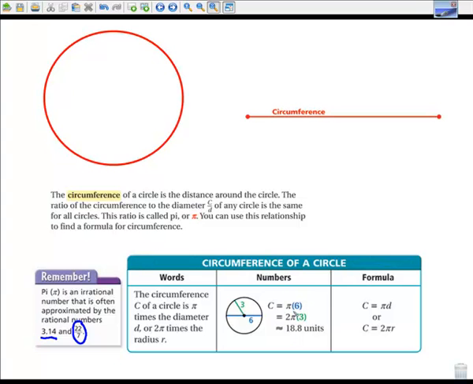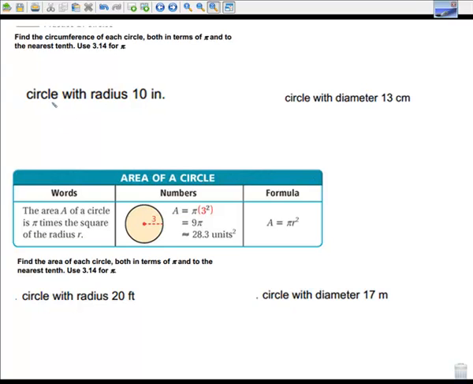So let's go ahead and do a couple of these. Find the circumference of each circle both in terms of pi and to the nearest tenth. They want us to use 3.14 for pi. Here they give us the radius, so circumference with the radius is 2 times pi times the radius. So my circumference is 2 times 3.14 for pi, times the radius, 10.